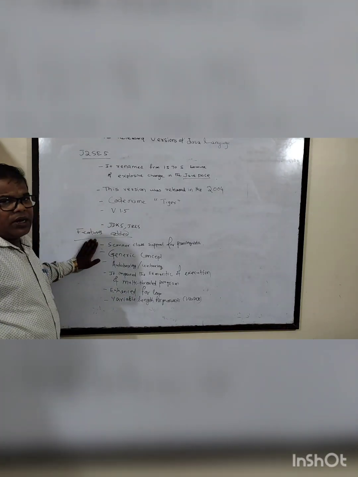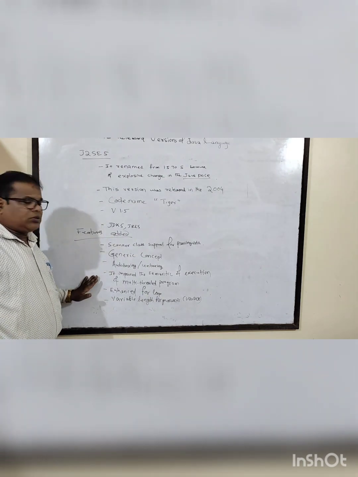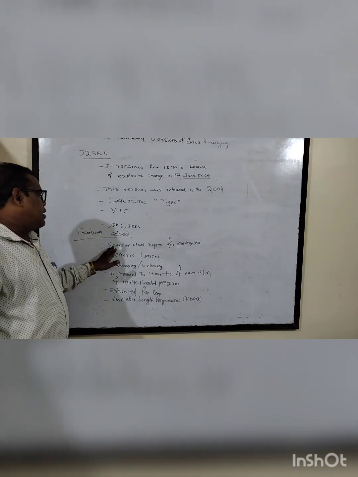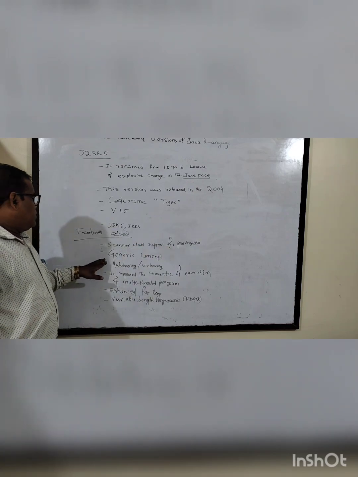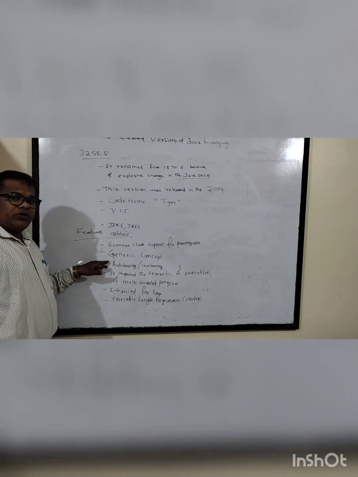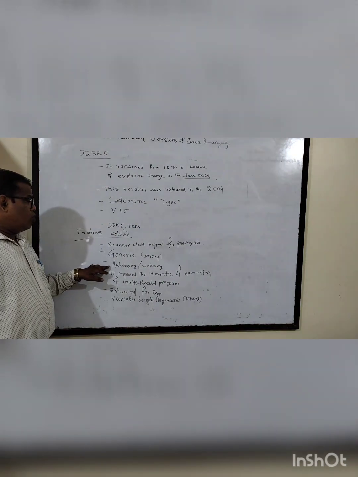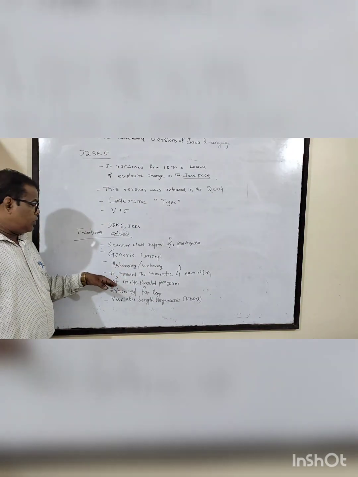A lot of features have been added. I am giving you a little summary of them. What has been added here? The Scanner class supports parsing data. It is supported with the generic concept. The autoboxing and unboxing feature is introduced.